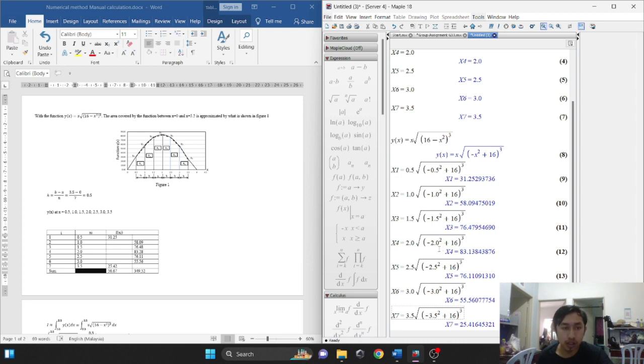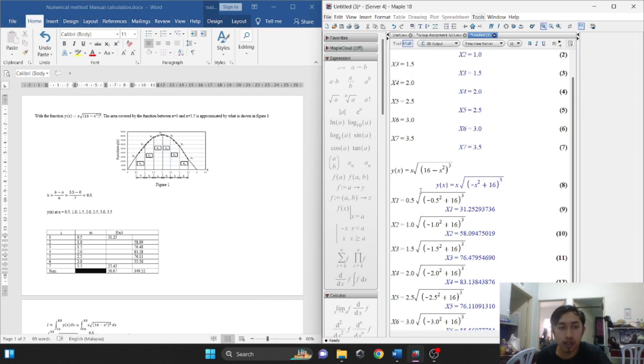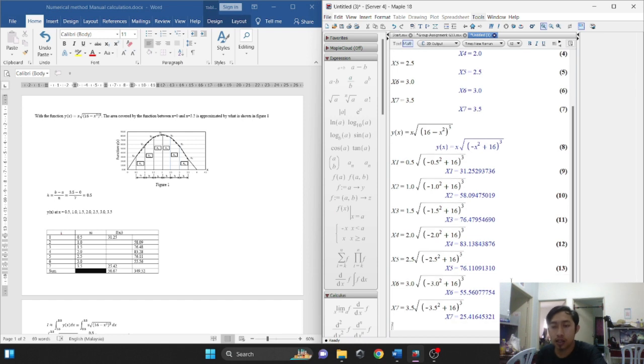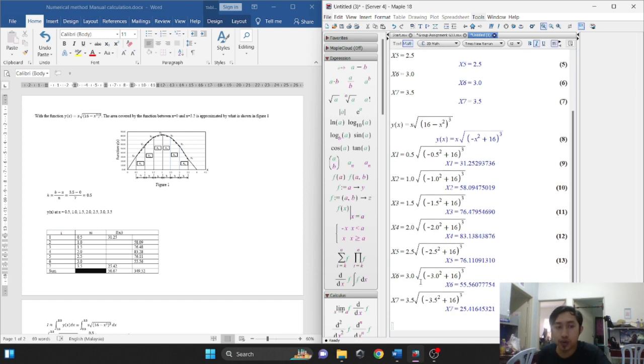But the answer is 25.41. Okay, so this is the answer for the f(x). And then we need to calculate the equal of x 0.1, x 3.5.